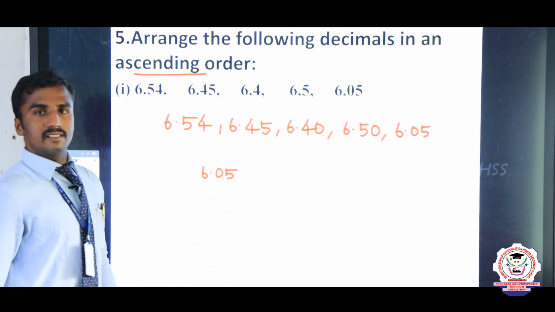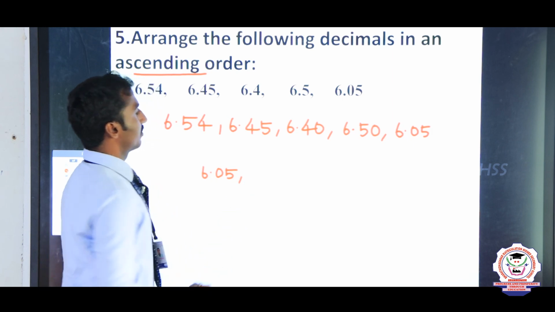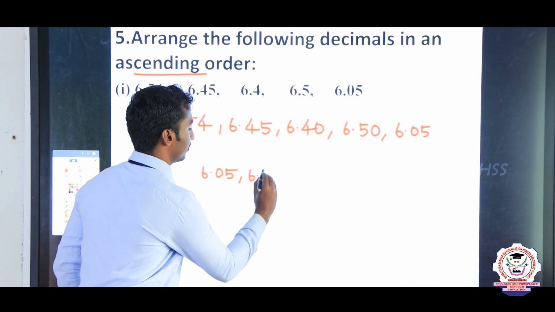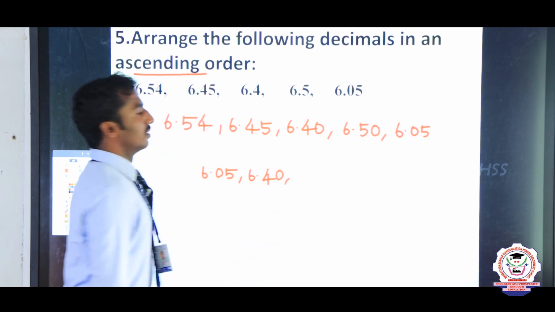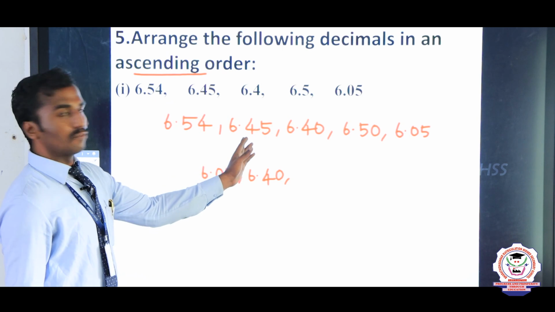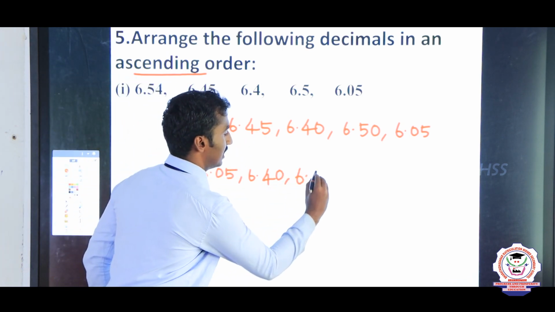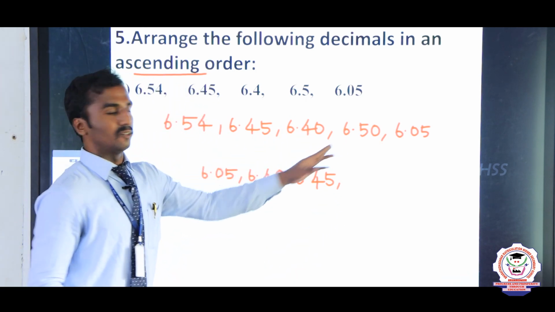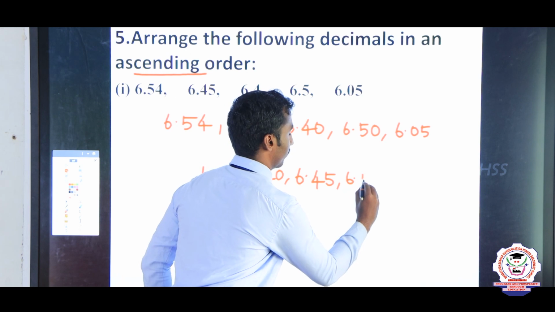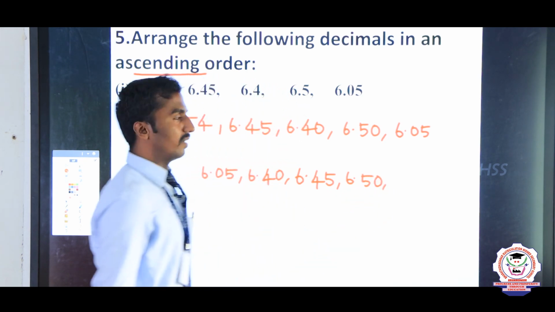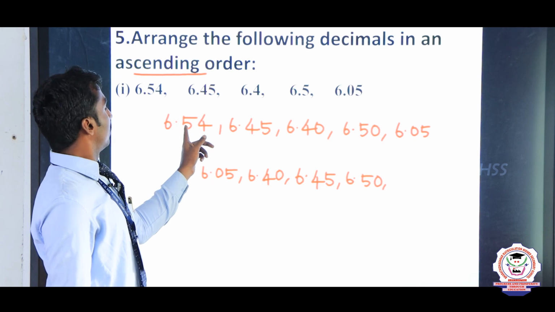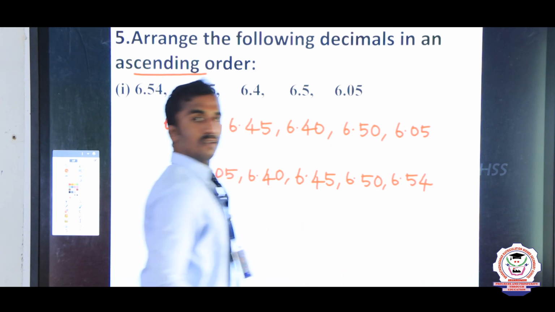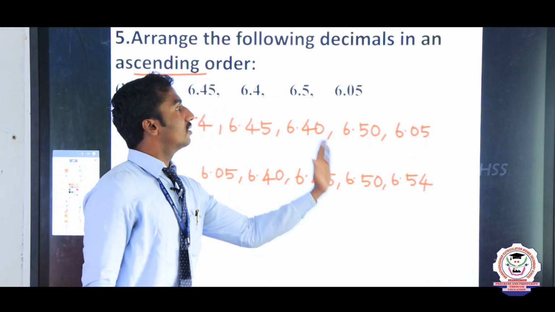Next one 6.40, after 6.40 comes 6.45, after 6.45 comes 6.50, after 6.50 comes 6.54. So smallest value to largest value, that is ascending order.